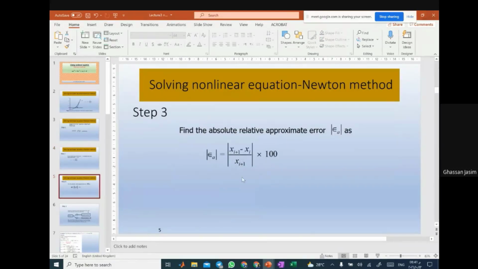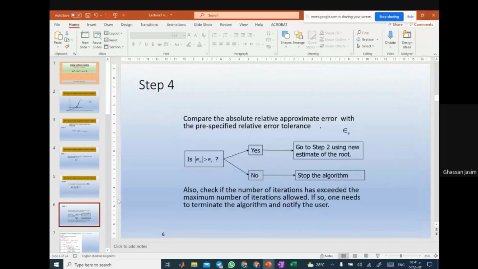To find the relative estimated or approximate error, you can use this function. It's easy. It's just x new minus x old over x new, times 100.